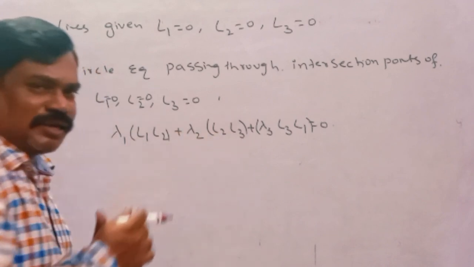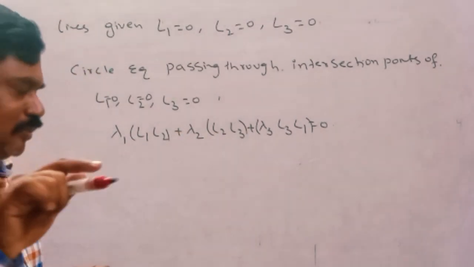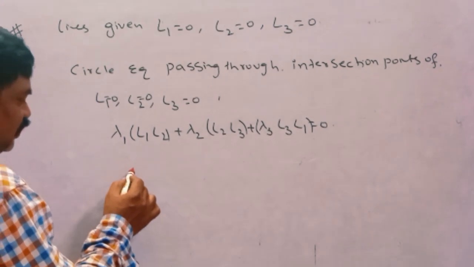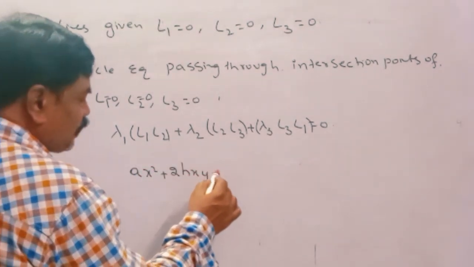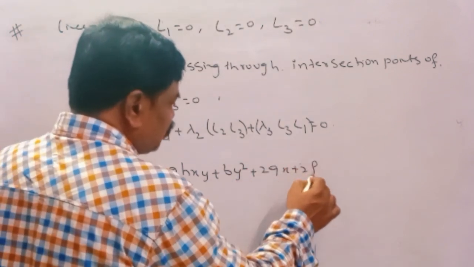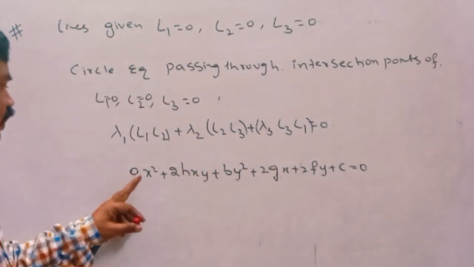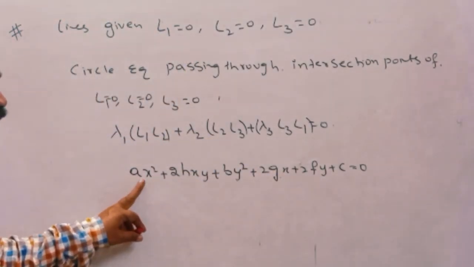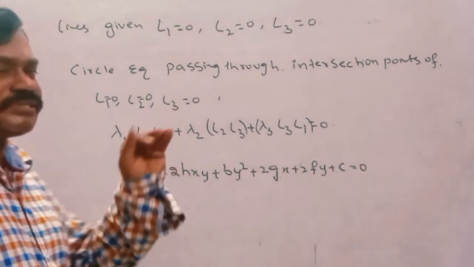After expanding this, you can follow the circle rule. What is that? That is ax square plus 2hxy plus by square plus 2gx plus 2fy plus c equal to 0. This equation represents a circle.